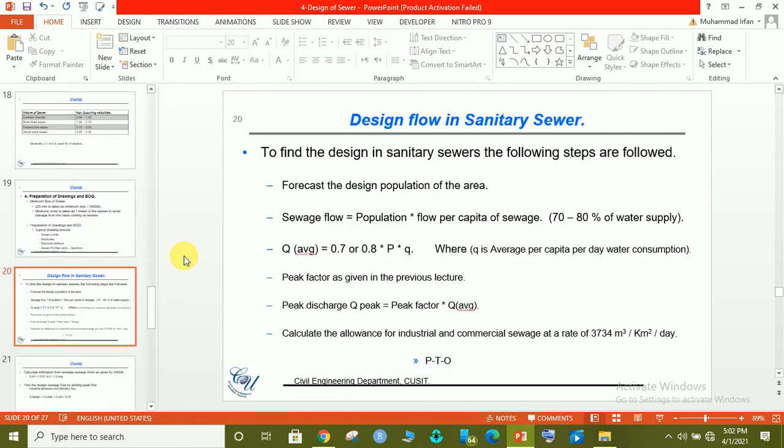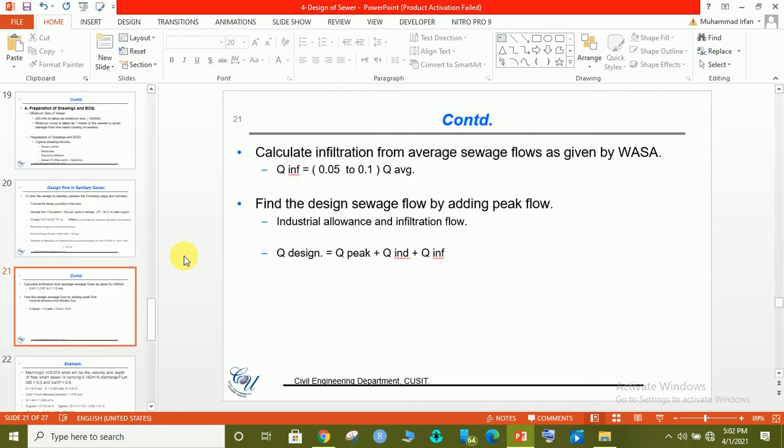This is the problem which is already discussed. If you have the population, convert it into the sewage flow by multiplying it by 0.7 to 0.8, and then multiply the average value with the peak factor in order to calculate the diameter of a sewer. You must find out the peak factor and peak discharge.